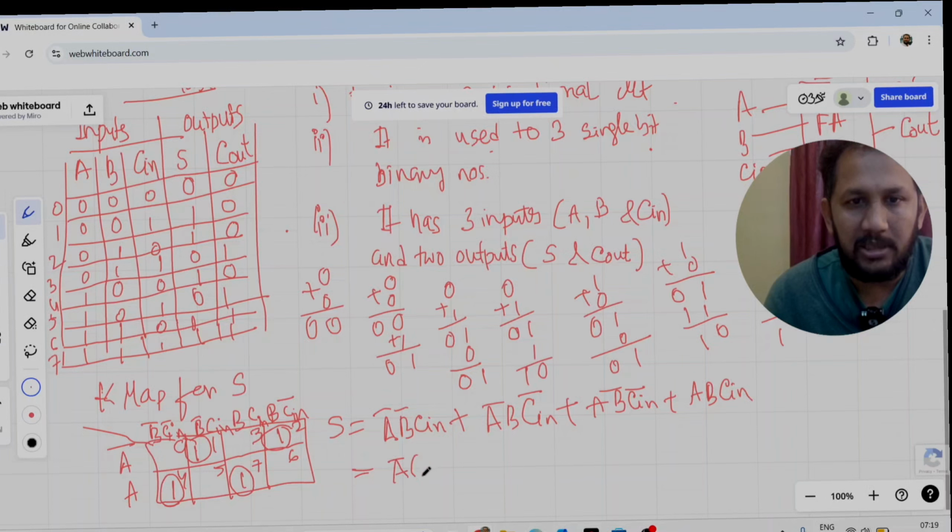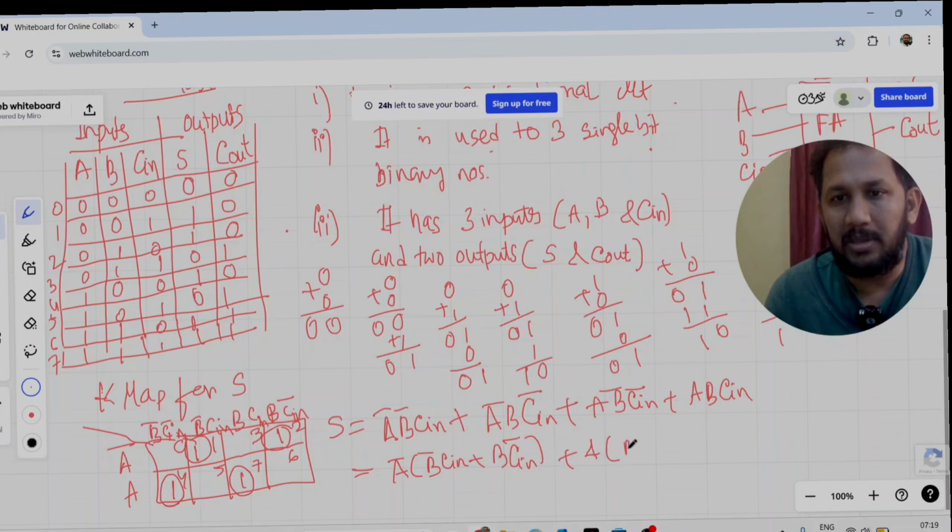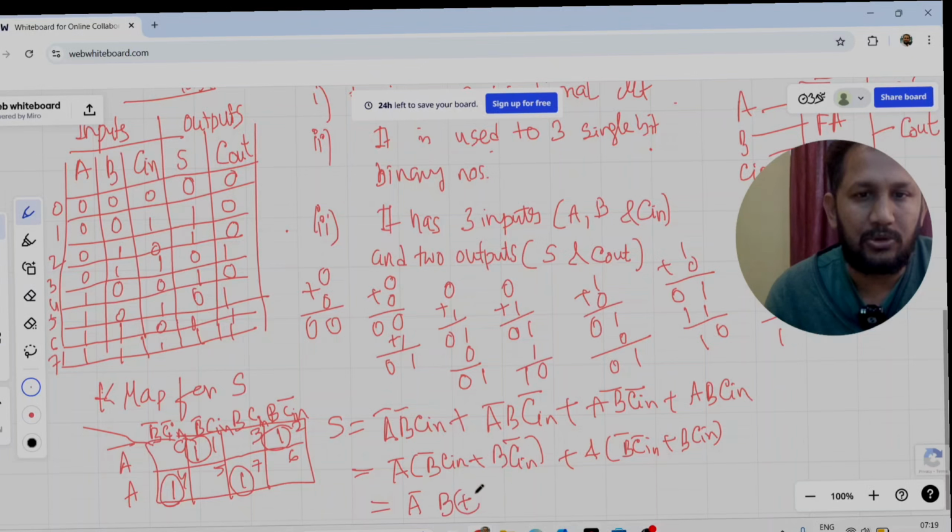Here A bar is common, that means B bar C in plus B C in bar. Next one is A, taking A common, B bar C in bar and B C in. This is the Boolean expression for XOR gate, that is B XOR C in. Next plus, the Boolean expression for XNOR, B XNOR C in.